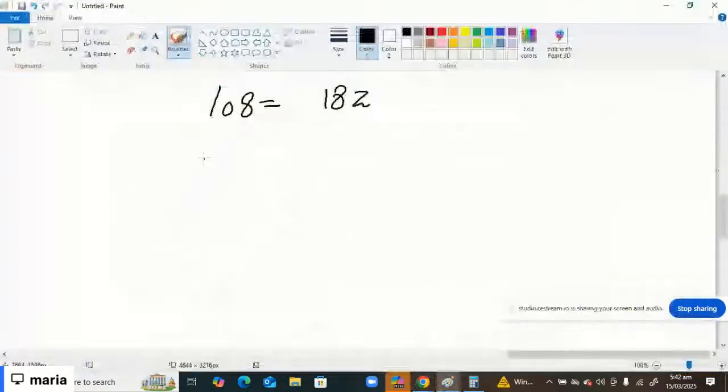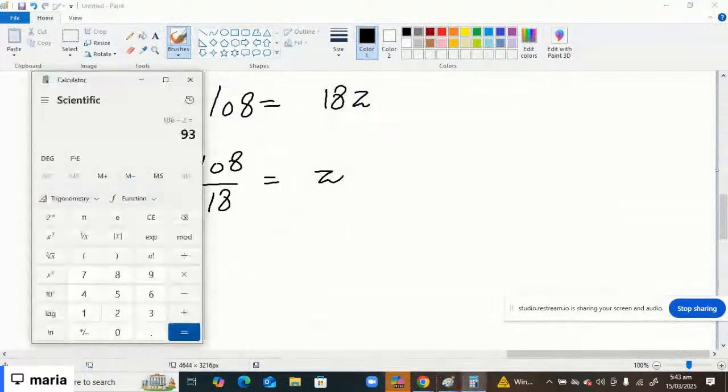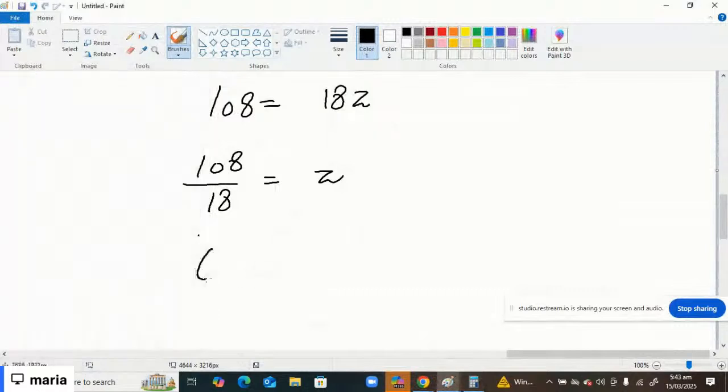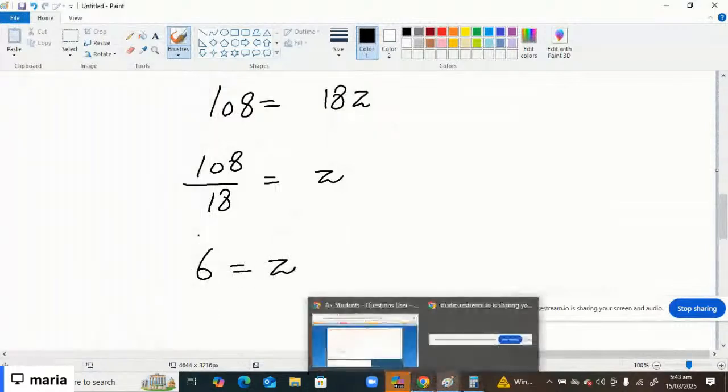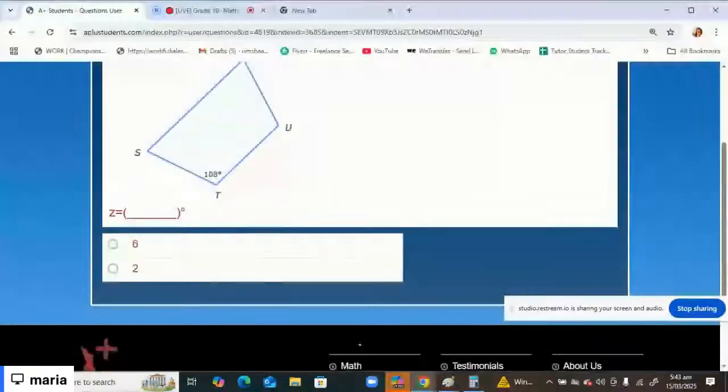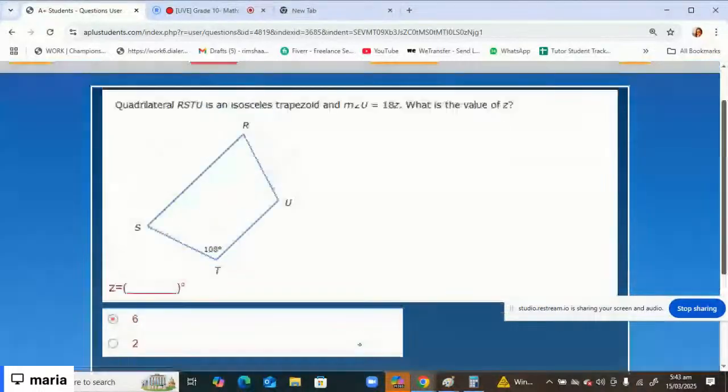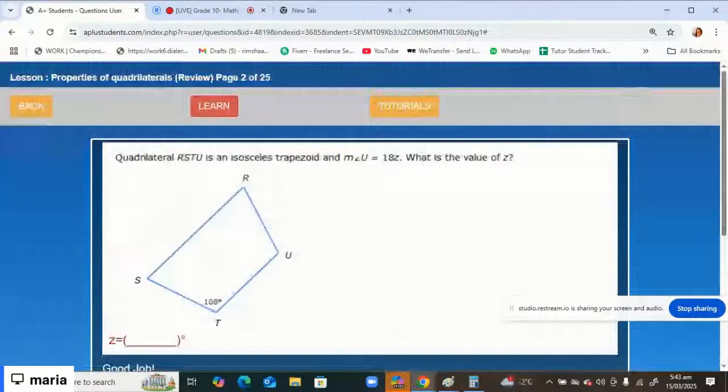Now just simply dividing by 18, and Z is here. Let's divide 108 over 18, so we can get the answer 6. Because both these two angles U and T are equal. This is 6. And here is the right option.